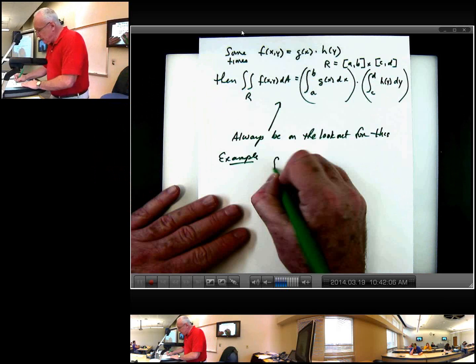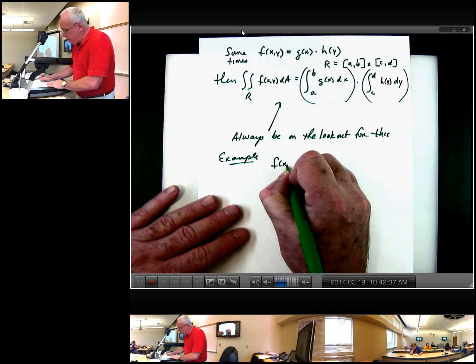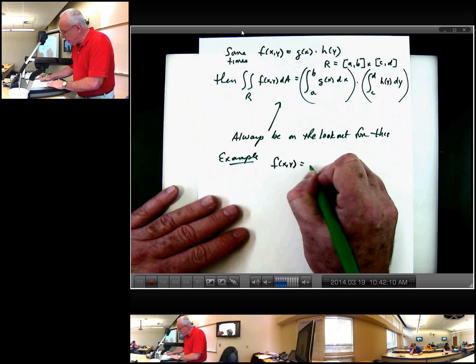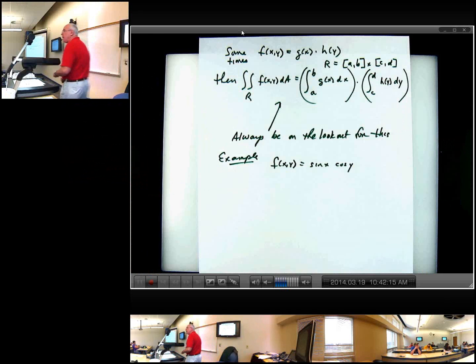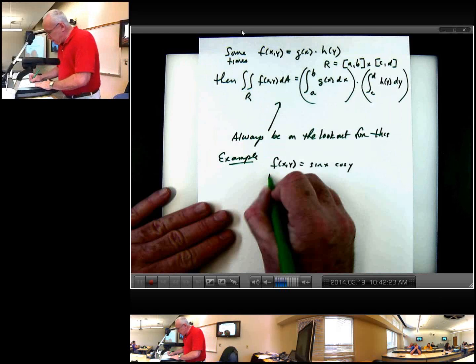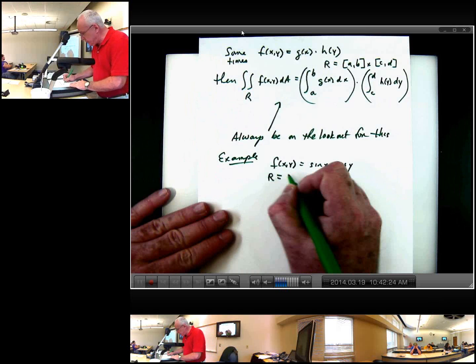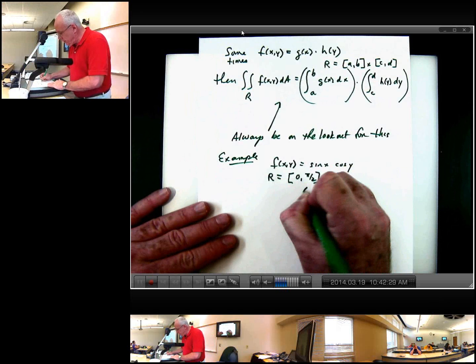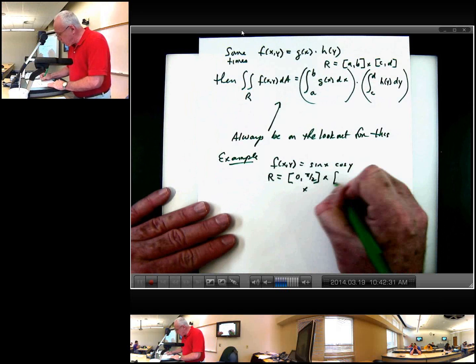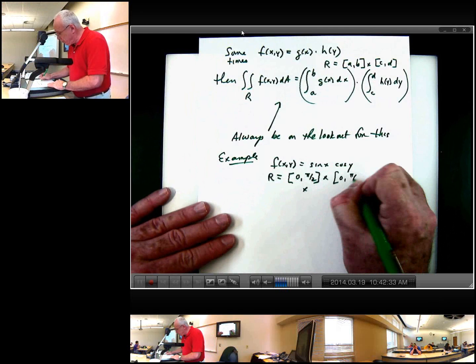Here our f of x,y is equal to the sine of x times the cosine of y. I think that's fairly obvious. We've got that situation where it's a function of x times a function of y. Let's suppose R in this case is x going from 0 to pi over 2, and y also going from 0 to pi over 2.